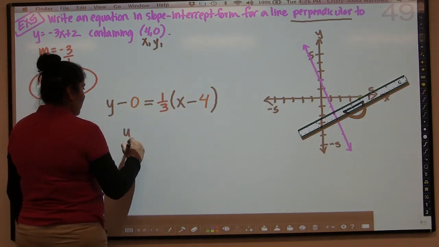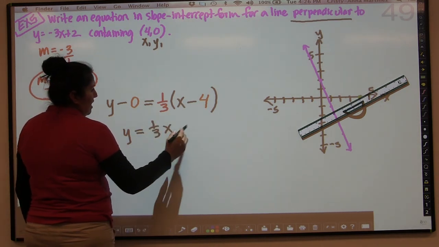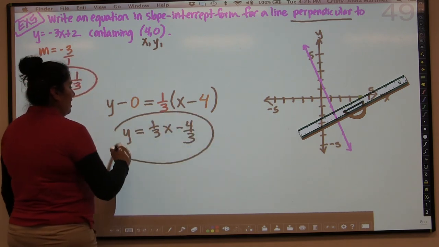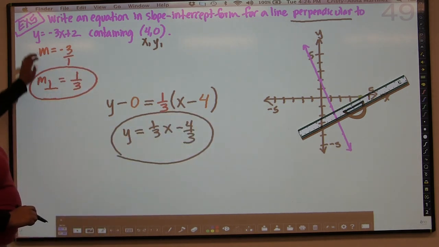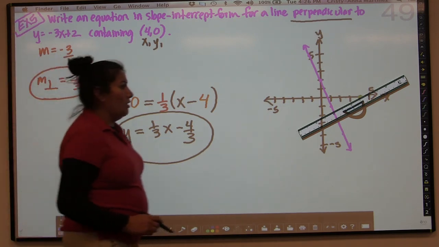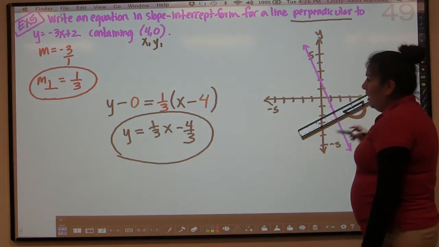So we're going to go y minus 0 is just y. 1/3 times x is 1/3 x, and then minus 4/3. So this is the equation of a line that is perpendicular to -3x plus 2, and at the same time crosses through 4, 0. So we can even graph it.